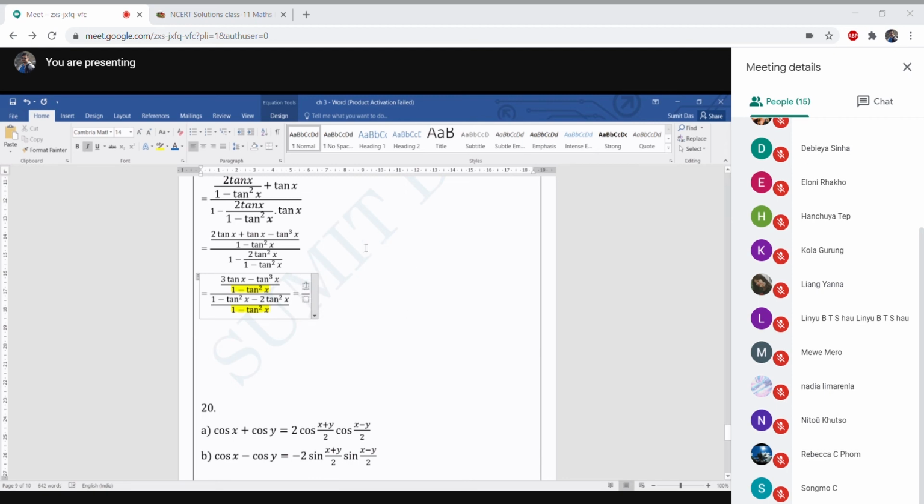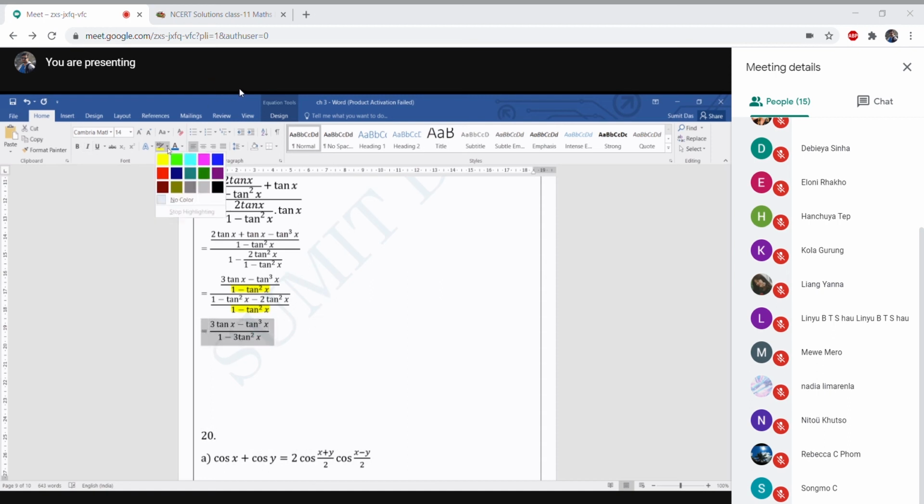The numerator will be 3 tan x minus tan cube x. The denominator will be 1 minus 3 tan square x. Look, minus tan square x and minus 2 tan square x, it will be minus 3 tan square x. So this is our ultimate formula.